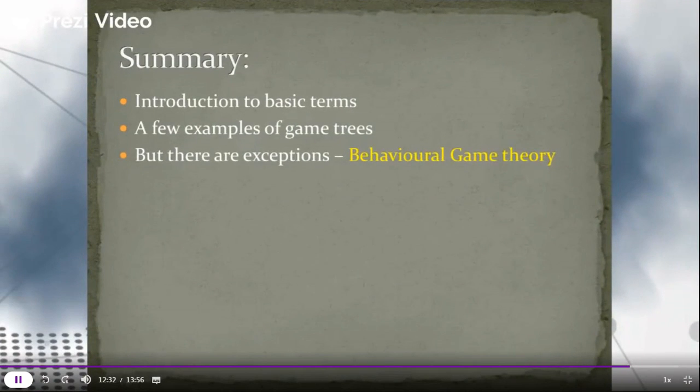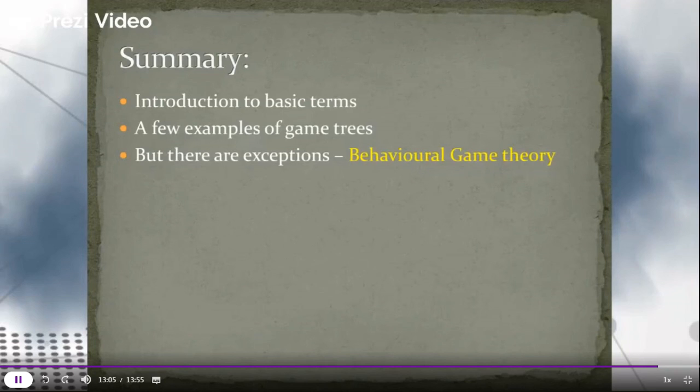So let us summarize first. In today's lecture we have talked about the basic terminologies, given a few examples of game trees, and also discussed exceptions and what we call behavioral game theory. This is another offshoot from classical game theory and is somewhat similar, but differs in the basic premises or assumptions made by behavioral game theorists, the assumption being that all humans are not rational.